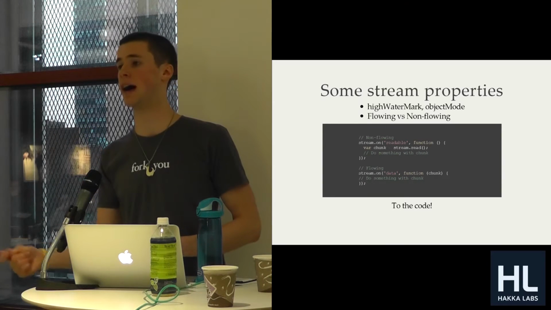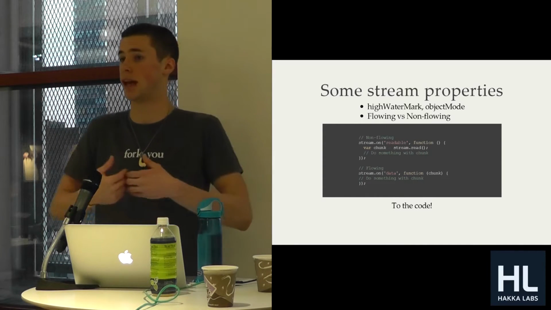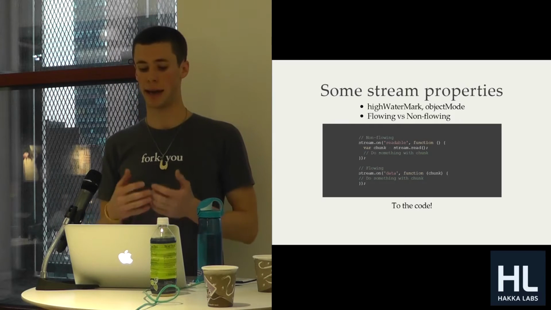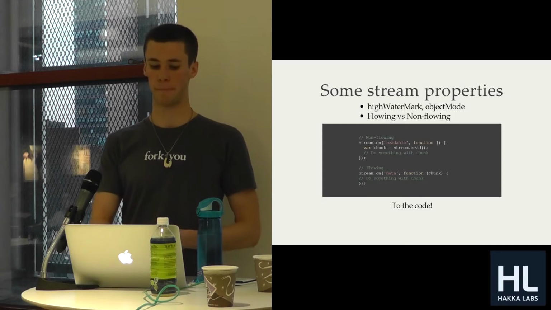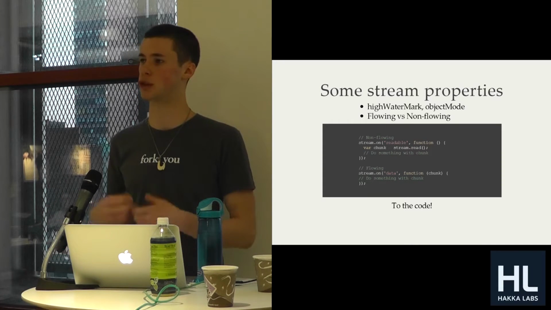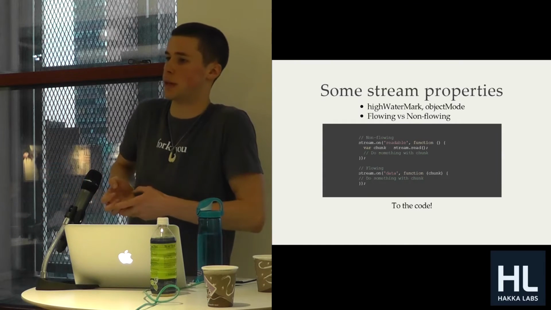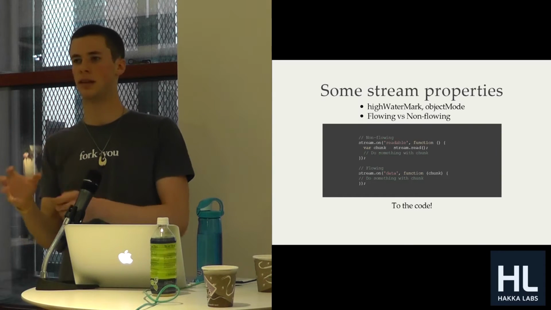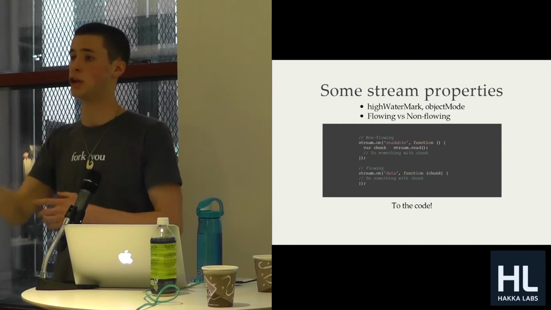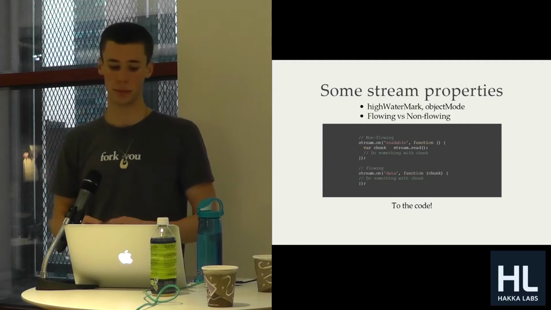This readable event is fired as soon as some of those chunks make it to that HTTP server. And now this introduces a pull mechanism where I use var chunk equals stream.read. This read function is you pulling data out of the stream. The opposite side of it is, when you add a data listener, that data is just being pushed at you. It's going to give it to you as soon as you tell it to.